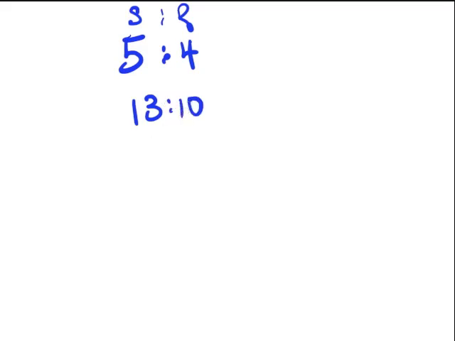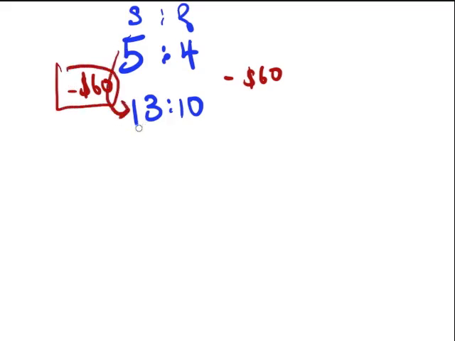Apparently what happened in between was that they both went down by $60 because they donated their money to charity. So now the question really is, how does 5:4 become 13:10? How did minus $60 actually make our ratio bigger? So that's the first question. And the second question is, how are these two related to the negative 60? Okay, so this is how we do the question.